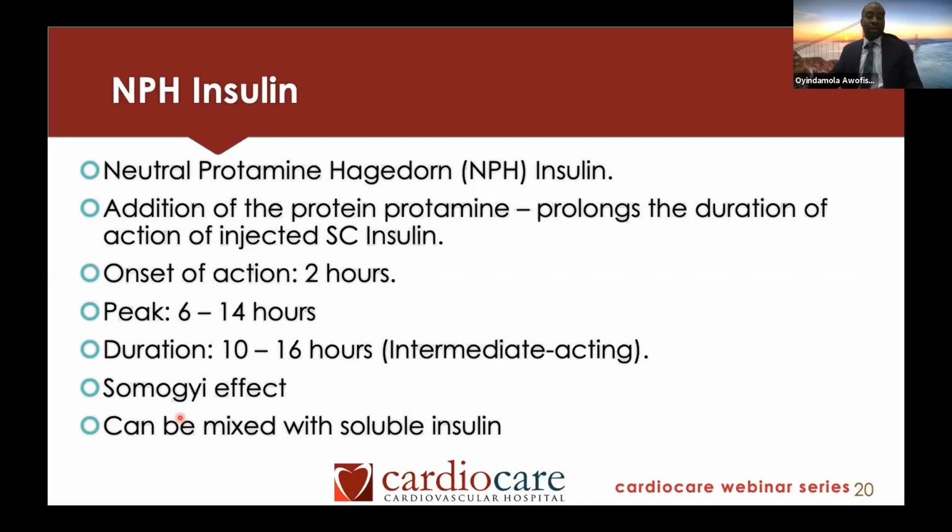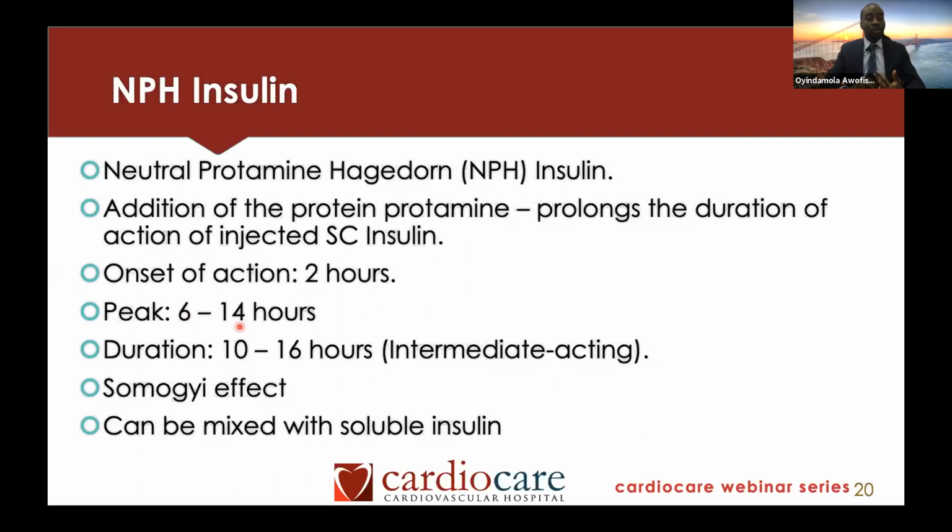The onset of action is about 2 hours, okay, but it's a fairly erratic insulin. You can see that the peak can be anywhere between 6 and 14 hours, which is a lot. The range is just too wide, between 6 and 14 hours peak, and then the duration of action is also not very predictable, between 10 and 16 hours, but could be longer, can be up to 18 hours, okay?